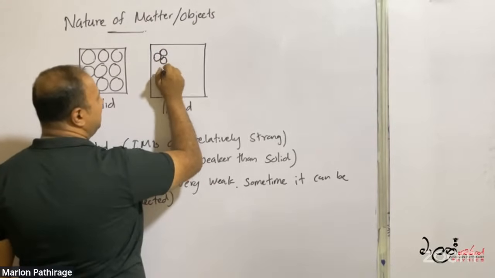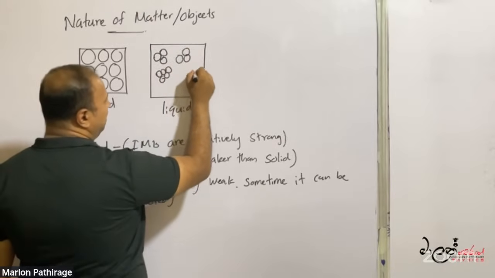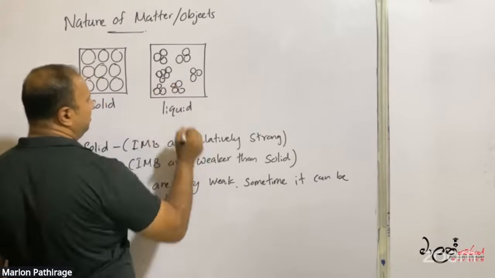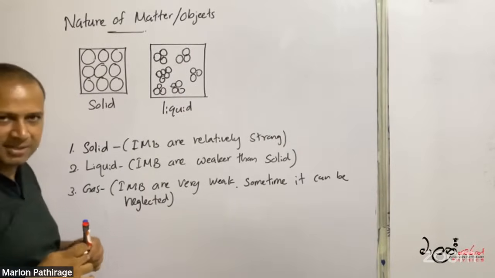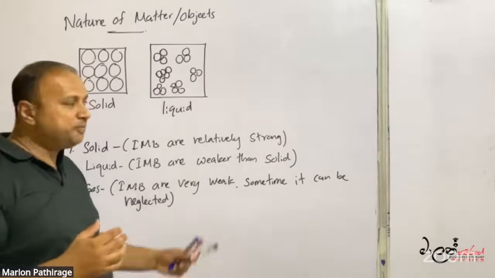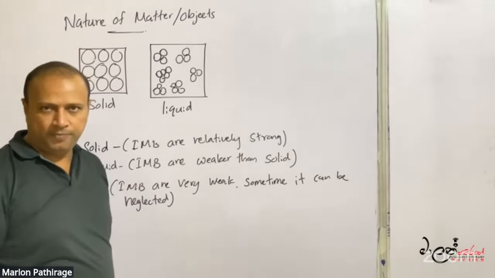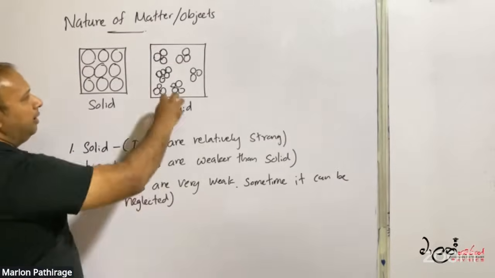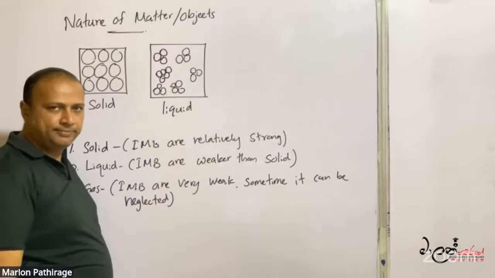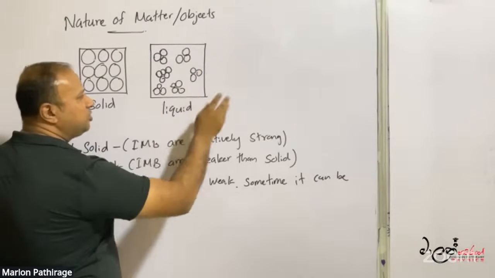There is enough space in between those clusters. Therefore, those clusters can move. These particles can have translational motion because there is enough space to move.